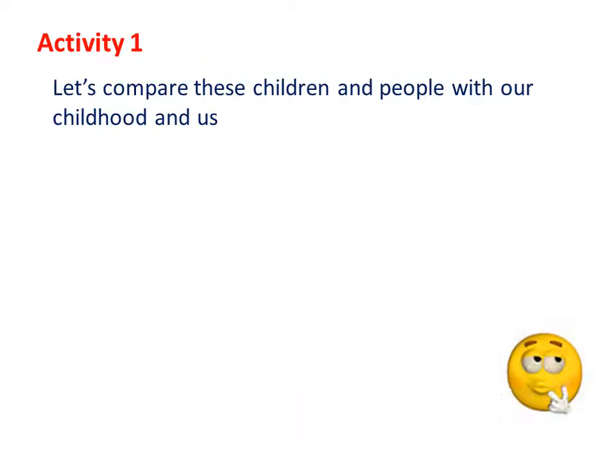This is the first activity of today's lesson. There are two pictures. Study them well and compare the people in the picture with you. If you have got something that they don't, you can list them under the B column.